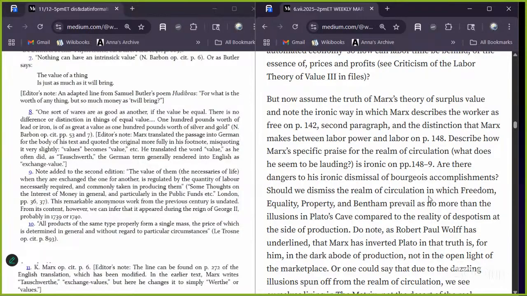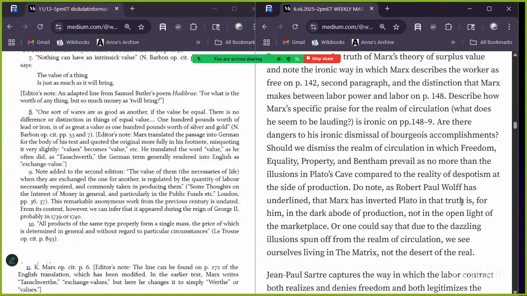Do note, as Robert Paul Wolff has underlined, that Marx has inverted Plato in that truth is, for him, in that dark abode of production, not in the open light of the marketplace. Or one could say that due to the dazzling illusions spun off from the realm of circulation, we see ourselves living in the matrix, not in the desert of the real.